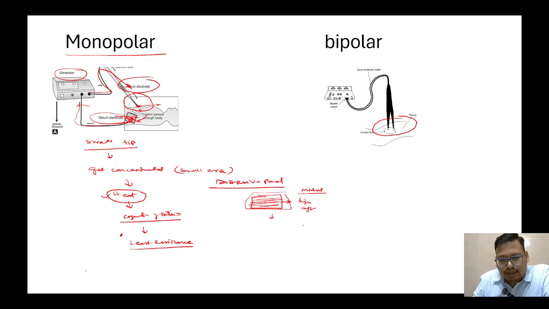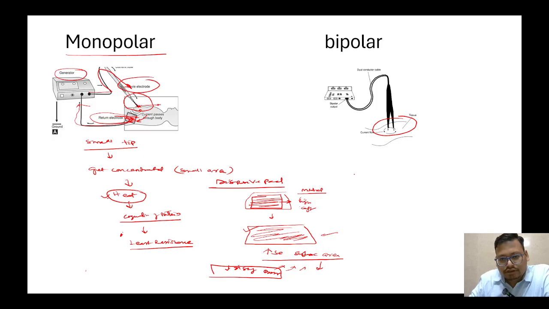Now it is coming as a plastic or rubber pad, and this is also very flexible, so it can attach to the whole of the calf or leg muscle, which increases the surface area. Once there is an increase in surface area, the current gets dispersed over the whole area, and that leads to decreased risk of burns in a distant area.